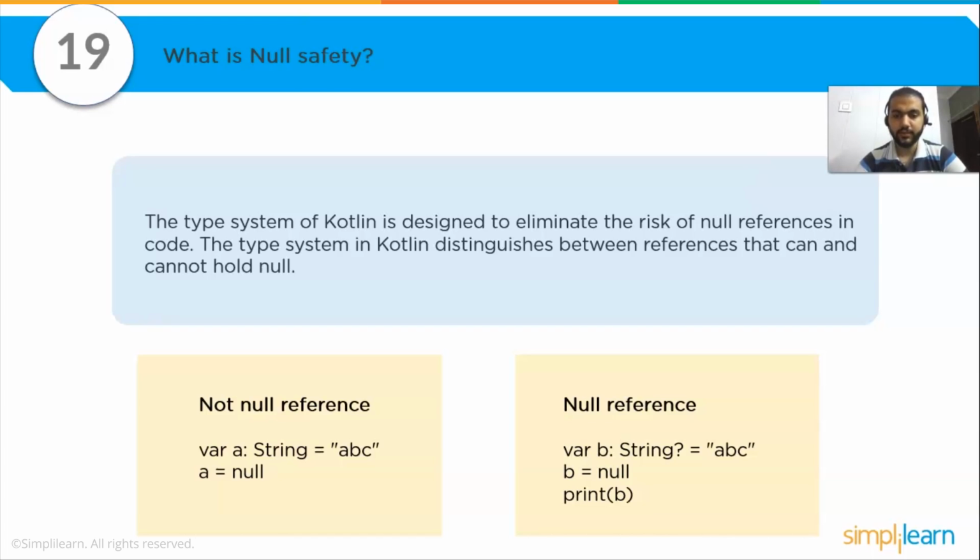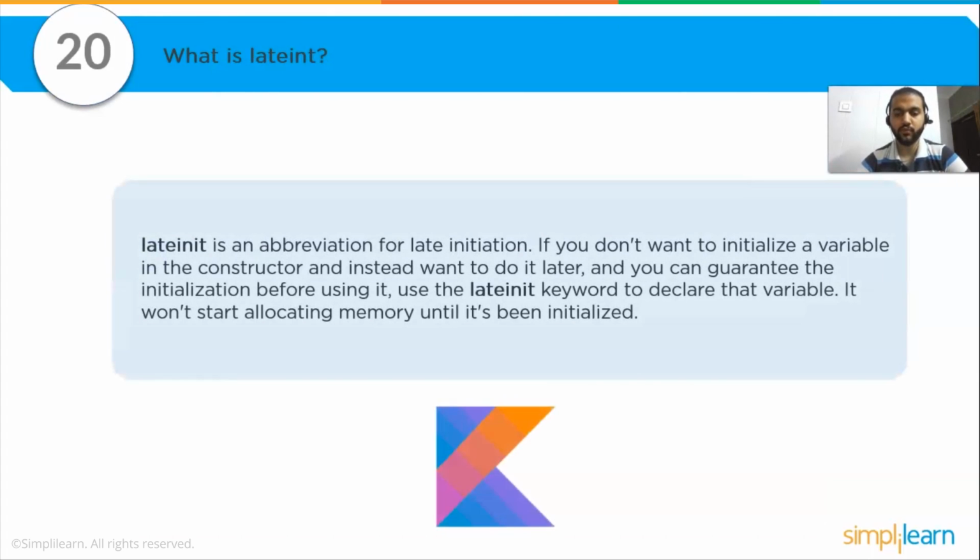After that, the other is the example of a null reference where we have used the question mark, as we discussed previously. To allow a variable to hold null, we have to declare it as a nullable string with a question mark.